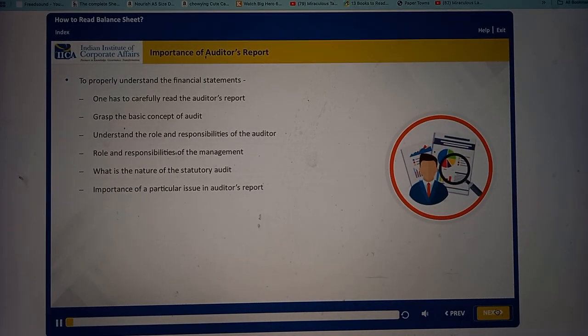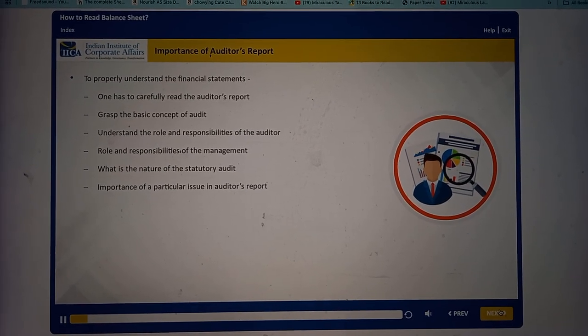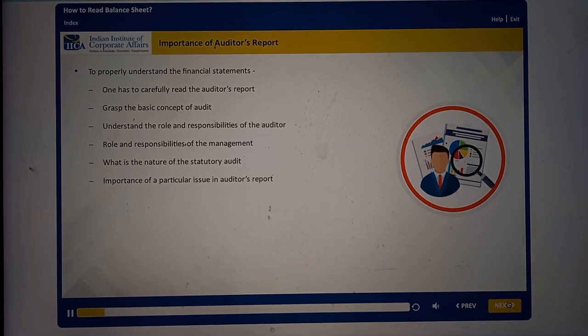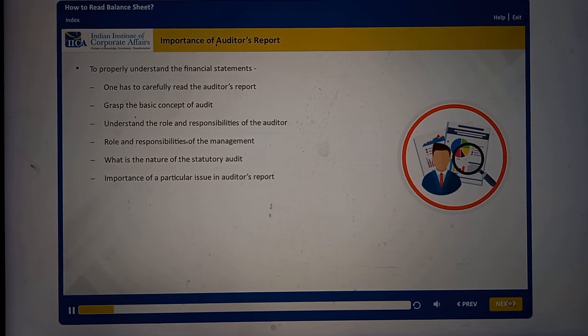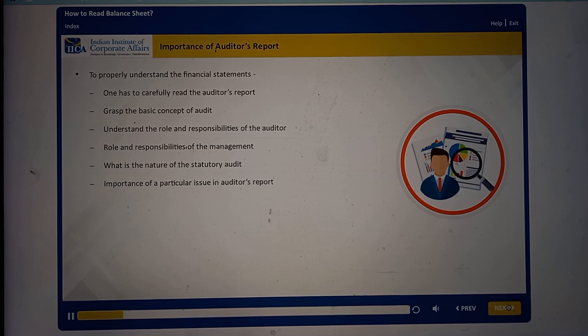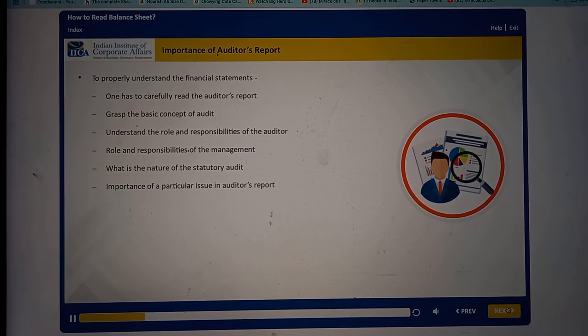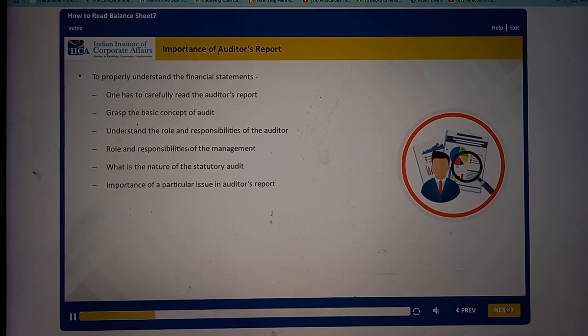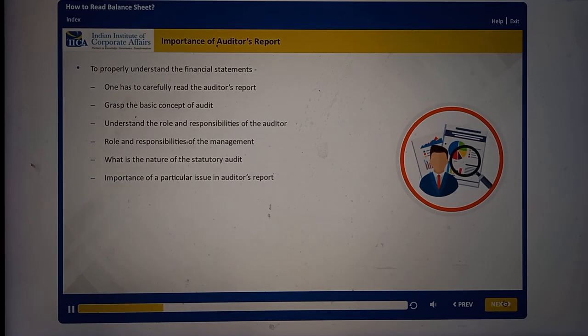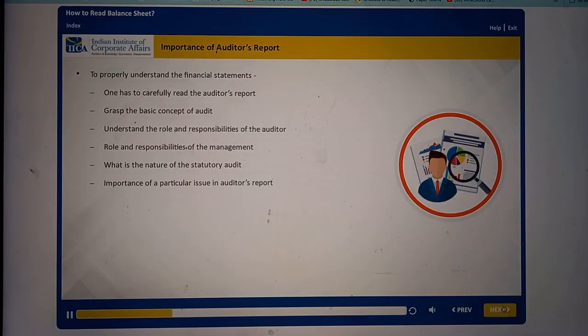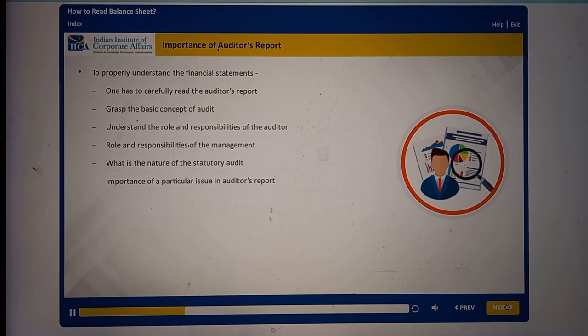Having understood the complete concept of audit, it is very clear that the auditor's report is only an opinion and not a certificate. It is said that the auditor is like a watchdog and not a bloodhound, meaning the auditor is expressing only an opinion and is not issuing a certificate. It indicates a true and fair view of the financial statement.